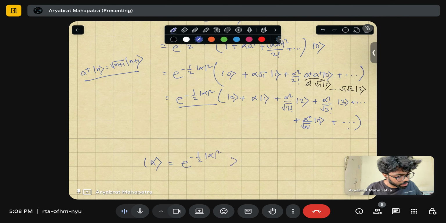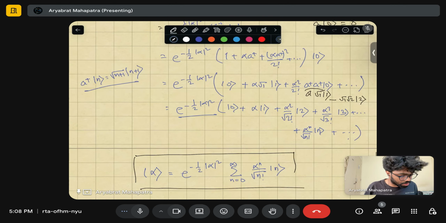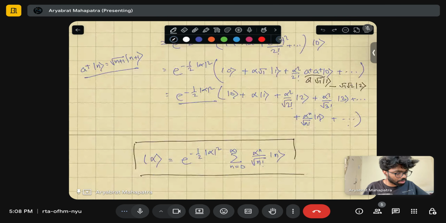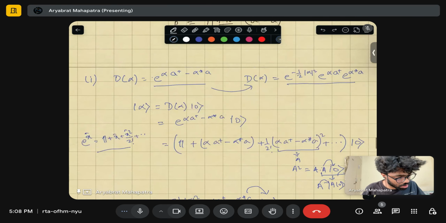Then the summation, n going from 0 to infinity, of alpha to the power n over the square root of n factorial, times the state n. This way you can construct your alpha using your displacement operator. And remember, we used this form of the displacement operator to get our answer.